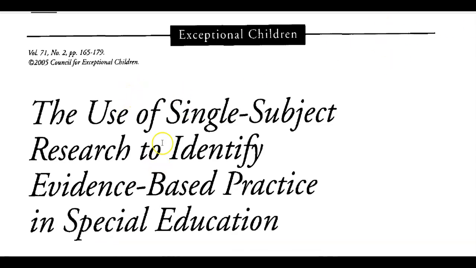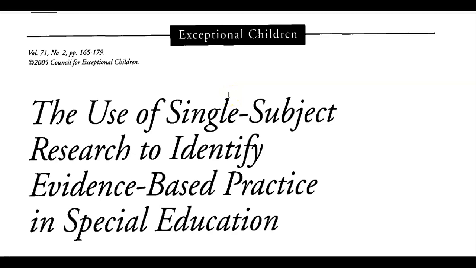First of all, it's the use of single subject research to identify evidence-based practice in special education. Now, in the recent adoption of the 6th edition of the APA Publication Manual, there's a new emphasis on bias-free language, and the term subject has been replaced or is expected to be changed. So it is not typically referred to as single subject research anymore.